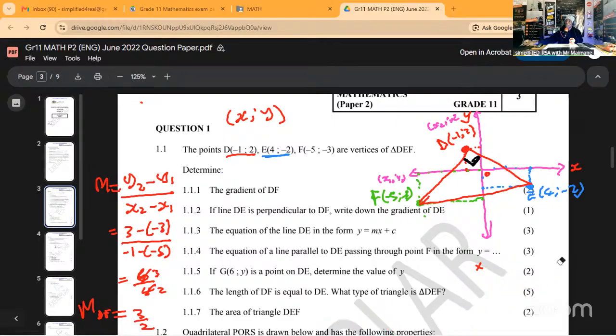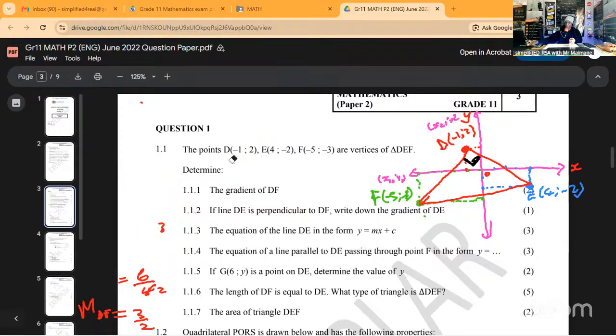Okay, so for the next one, let me put the information that we have up there. So far, we have the gradient of DF, which is 3/2, and we have the gradient of DE, which is -2/3.